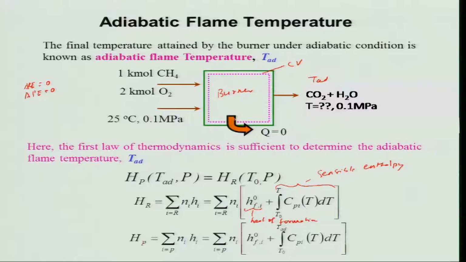Similarly, the total enthalpy of the product is the summation of Ni and Hi. Hi is the enthalpy of the individual species, and it has two terms here. One is the heat of formation of the product species, and the other is of course the sensible enthalpy. Keep in mind that this is integrated from T naught, the inlet or standard temperature, to T adiabatic.